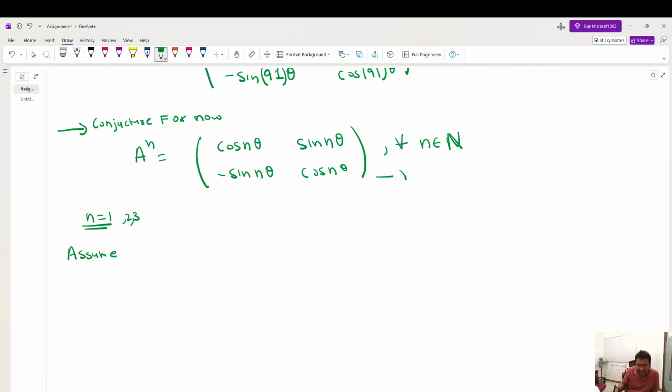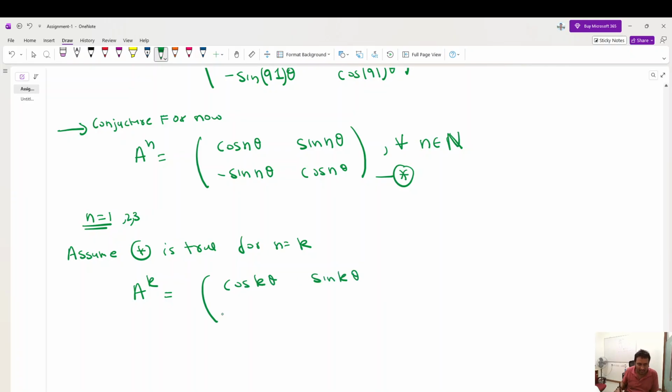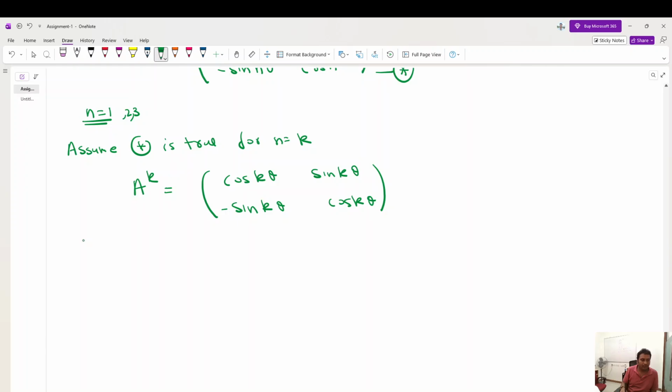Let's call this star. Star is true for n equal to k. What does it mean? It means a to the power k is cos k theta sine k theta minus sine k theta cos k theta. Now what you have to do? You call this the induction hypothesis, if you don't remember.